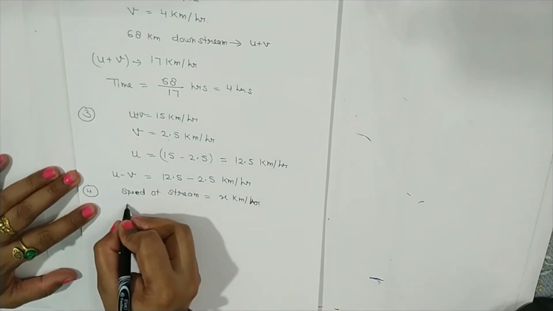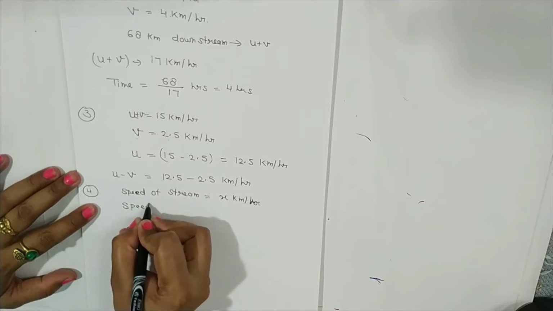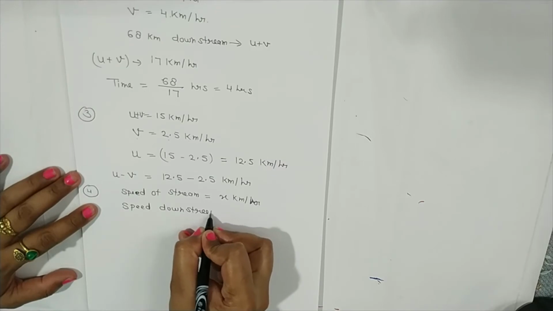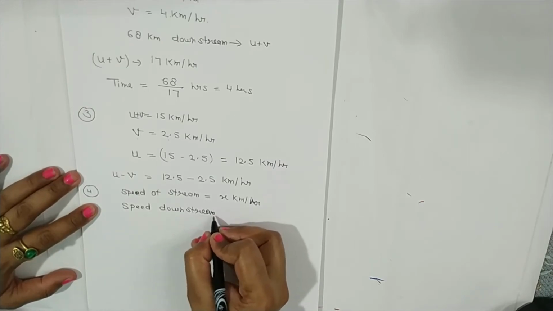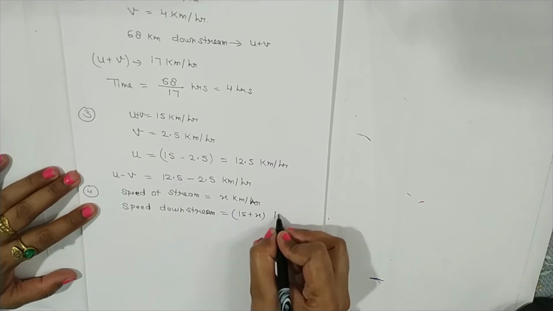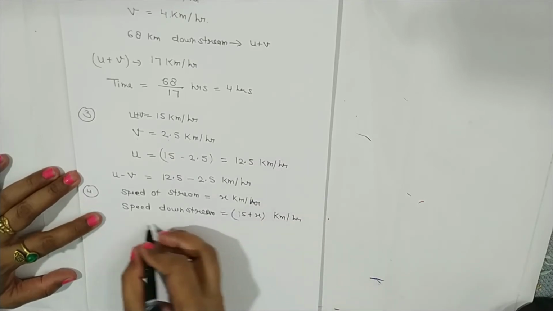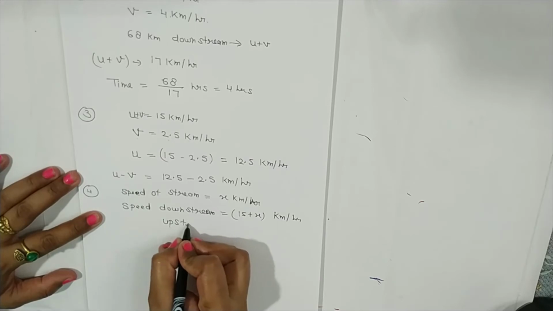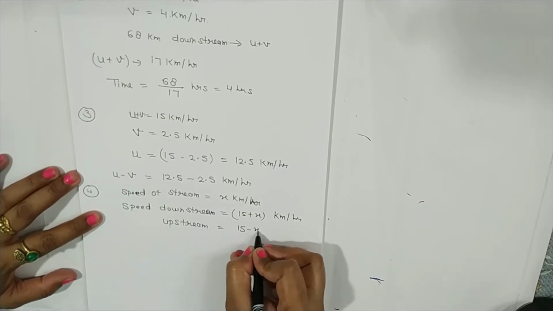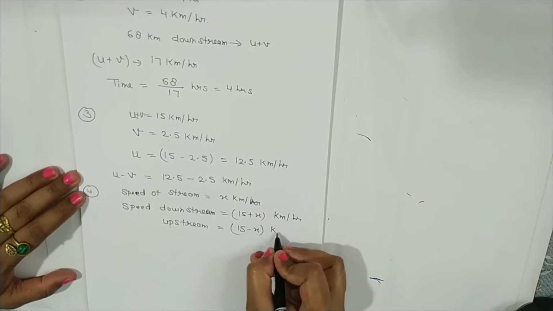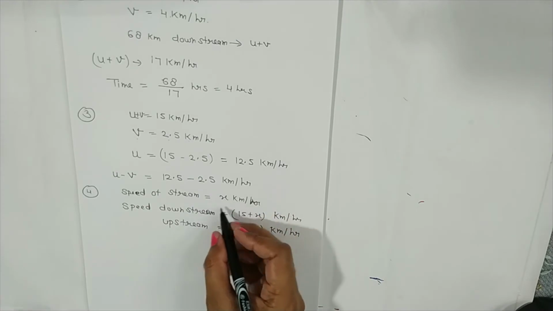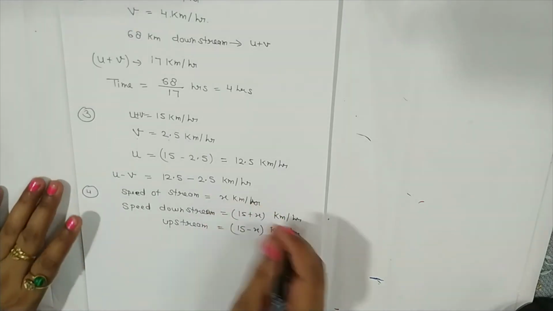So speed downstream is equal to 15 plus x km/h. Then upstream speed is equal to 15 minus x km/h. Okay. Or you can say it V.